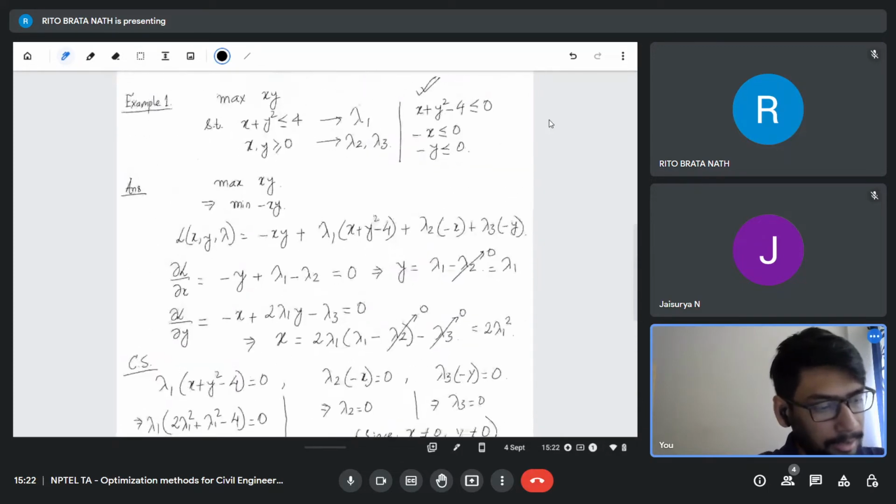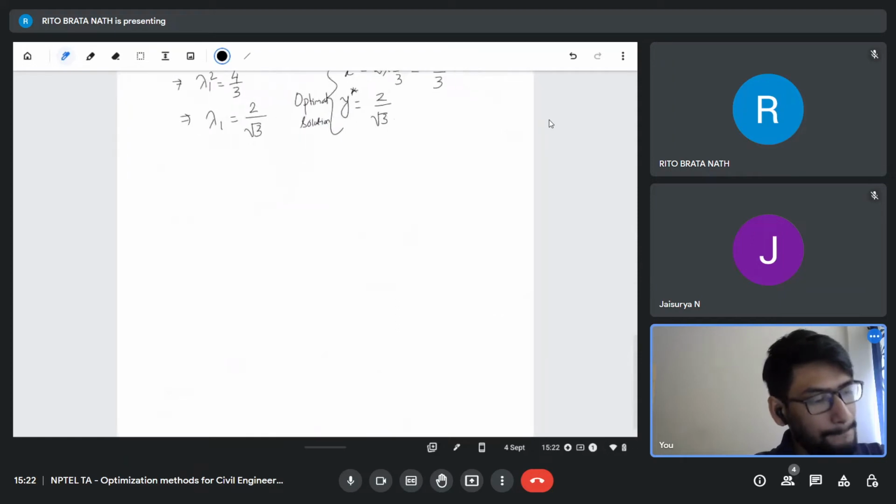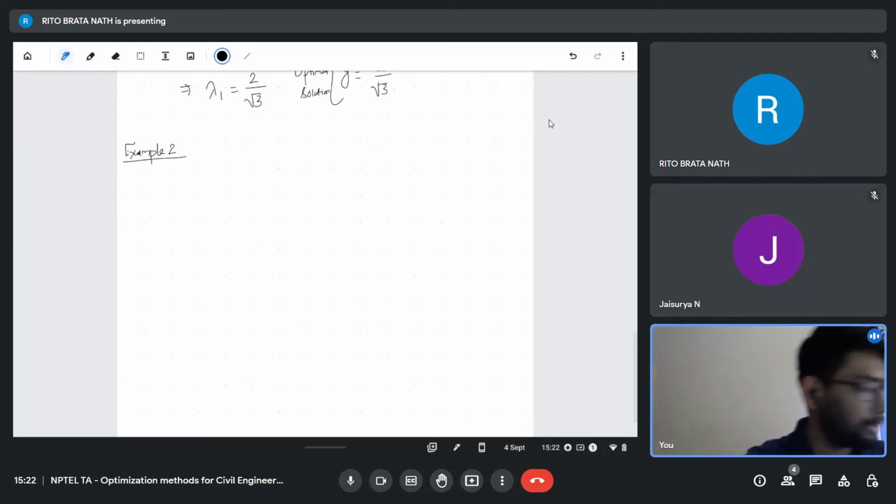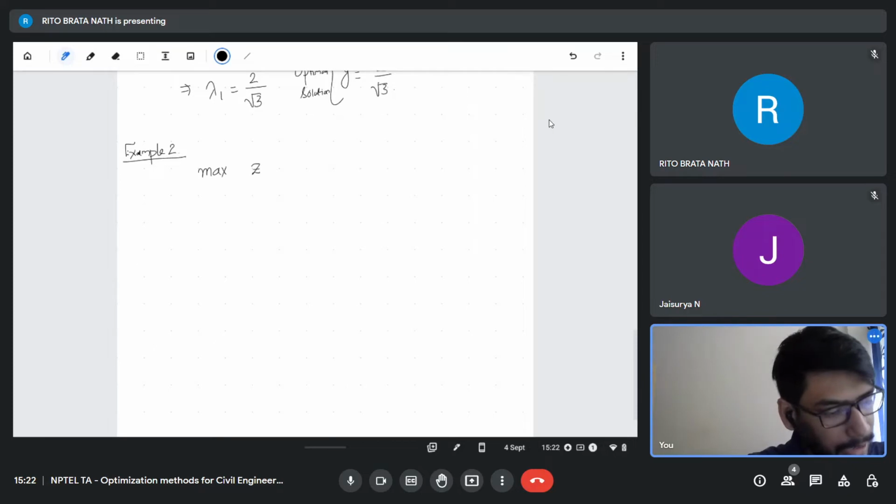So let's take another example. I hope that will be more clear once I solve this second example. Okay, so this is example 2. Let me try and maximize z equals 3x squared plus 2x plus 4y squared.